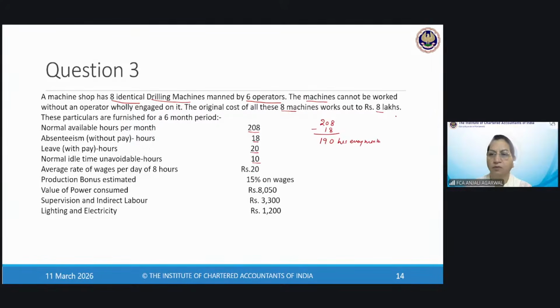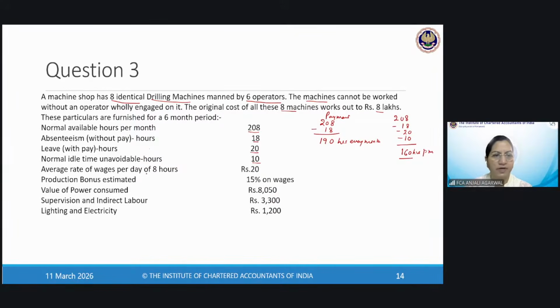But the work done would be 208 minus 18 minus 20 minus 10. So the work would be executed only for 160 hours per month. So payment has to be made for 190 hours, but the work is to be executed only for 160 hours.